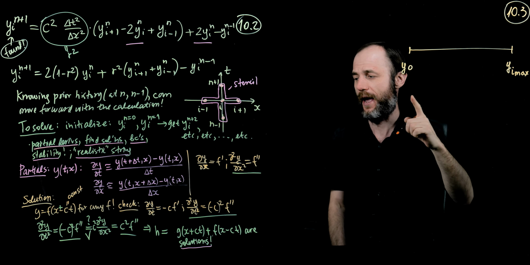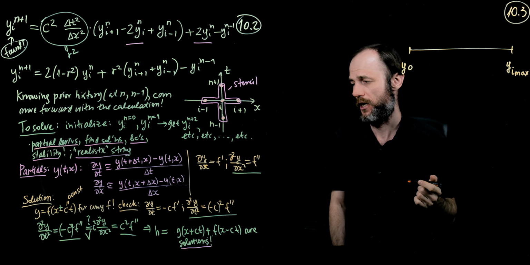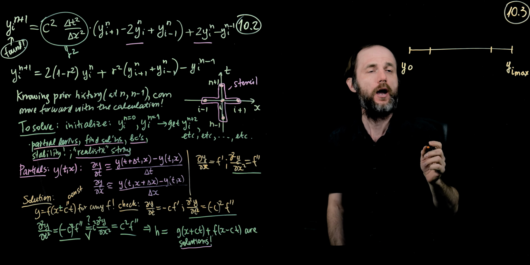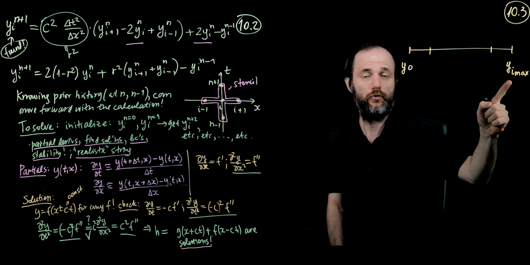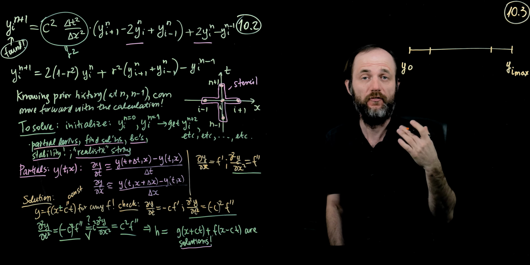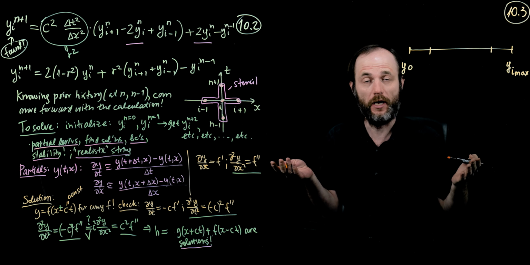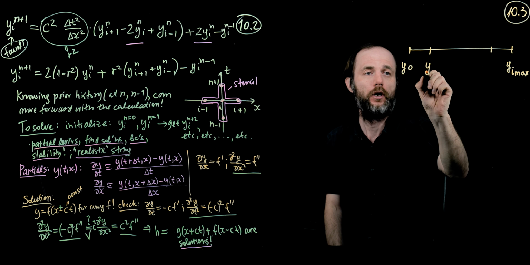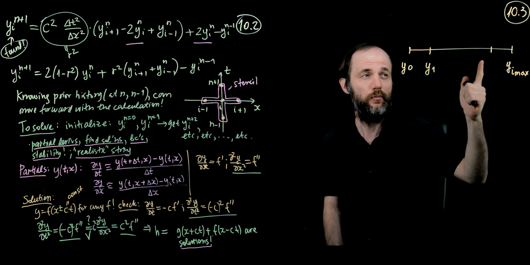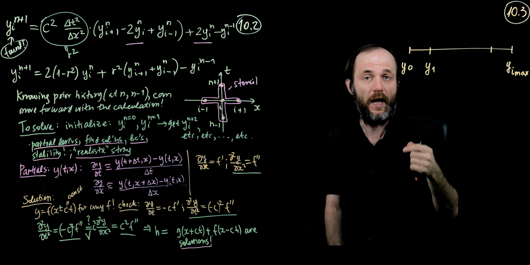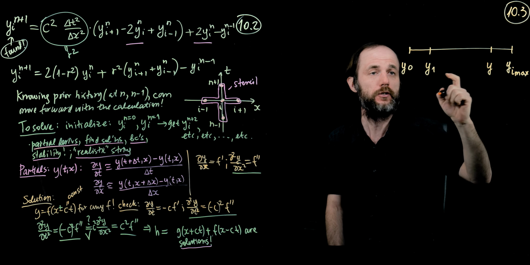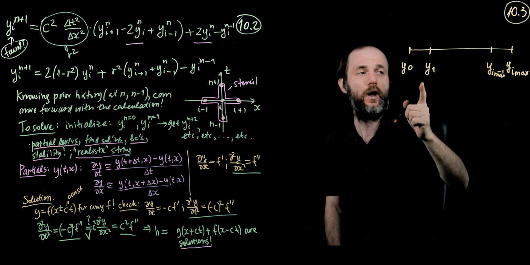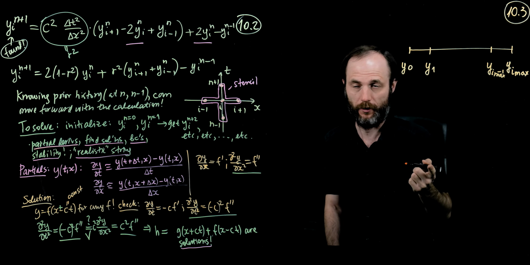So if we have such a string, then we are going to be setting these two values to something physical to represent the fact that these two ends are either fixed or free or they're shaken around. So that will often involve the nearby values of our discretized string, displacements of them. And so that will be y1 and yi max minus 1.